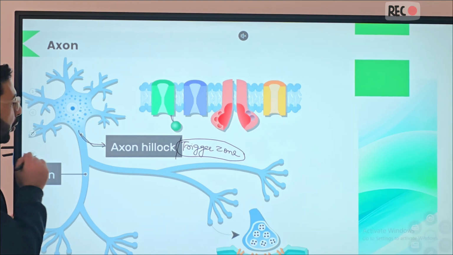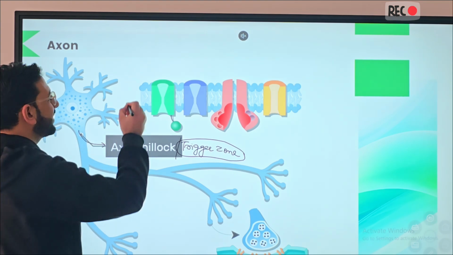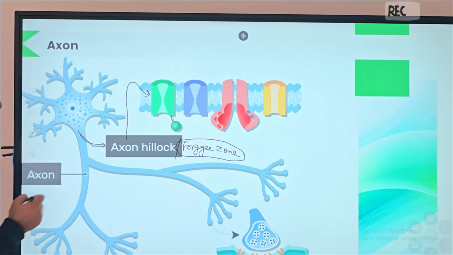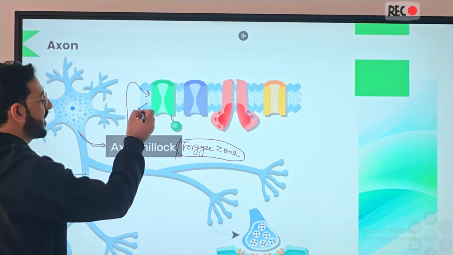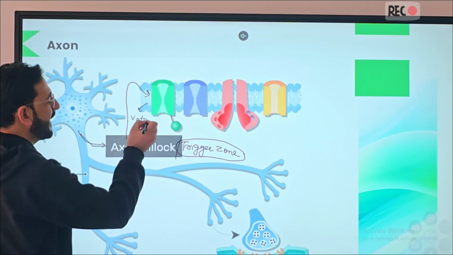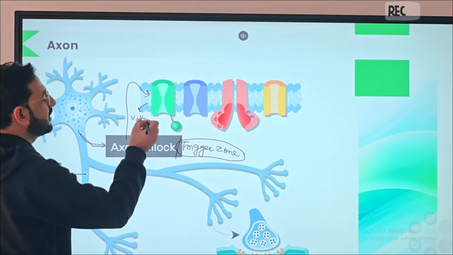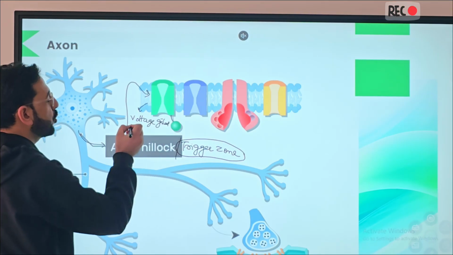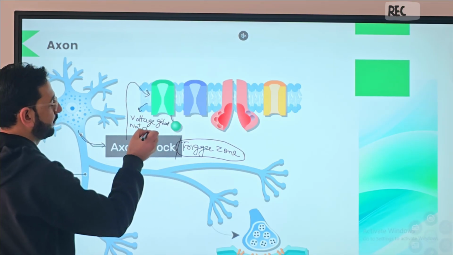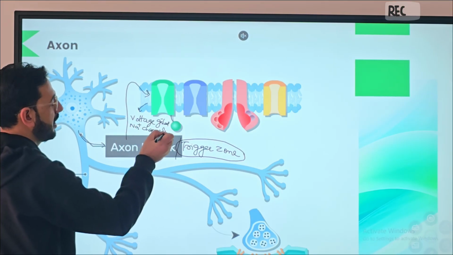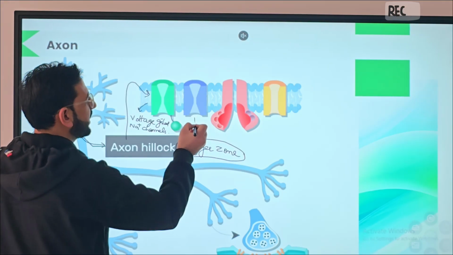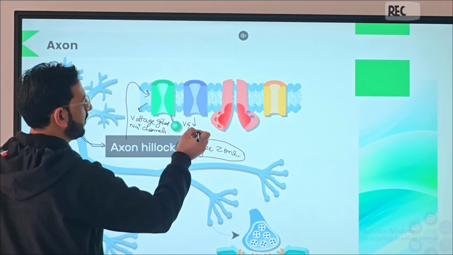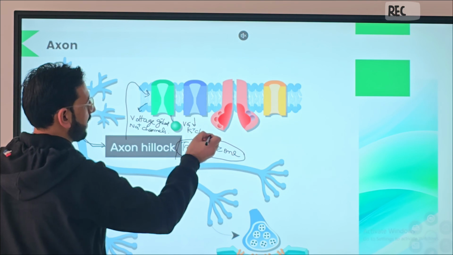Now why is it so? Because this axon hillock contains a lot of channels, and these channels are voltage gated channels. Most importantly, the axon hillock contains voltage gated sodium channels and voltage gated potassium channels.